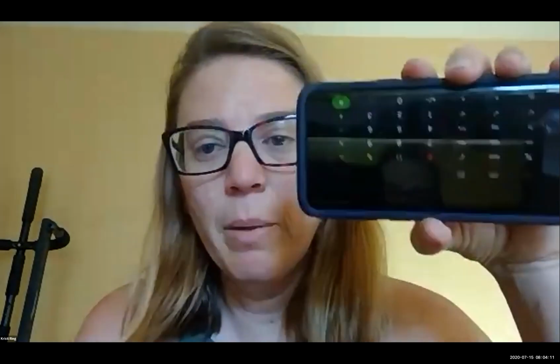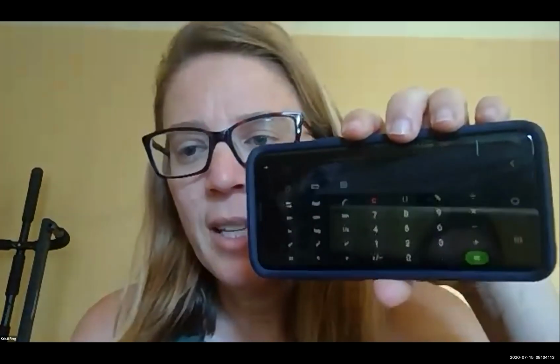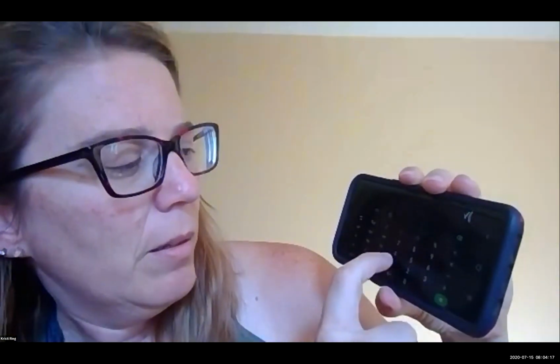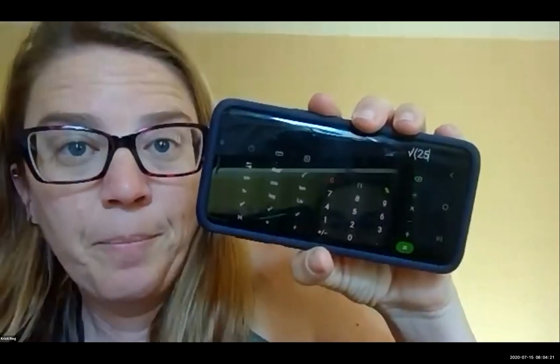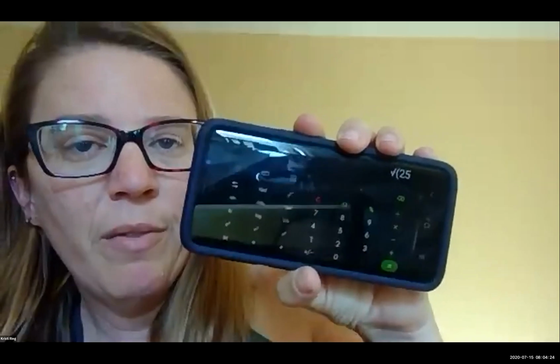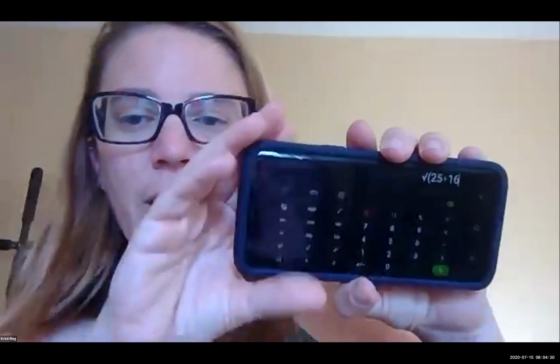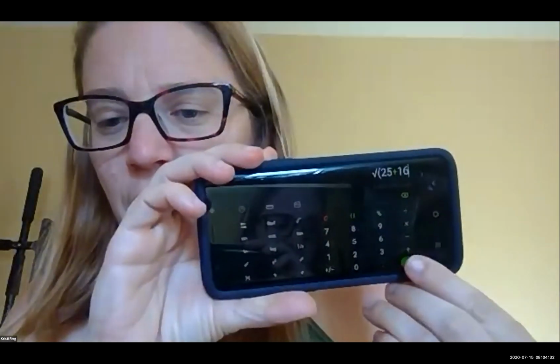Other people will see it with the parentheses. I told you on the last calculator problem I did with my phone that it didn't matter about the parentheses. Let me type it in. If I'm just doing the square root of 25, that's fine. But if I'm doing the square root of 25 plus the square root of 16 separately, if I type in that 16 right there, you're going to see I don't get the answer that we got earlier.